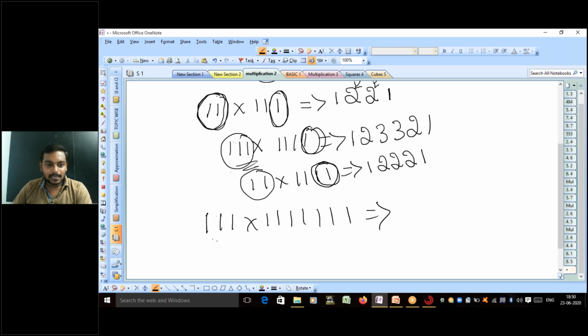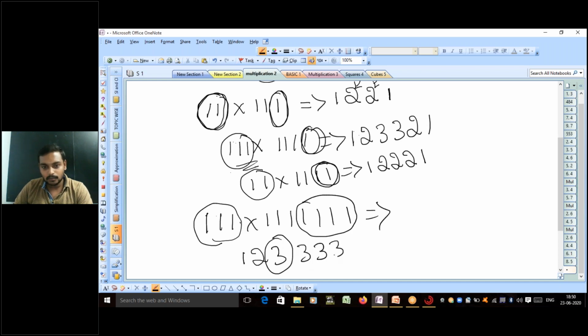Just go with the lesser digit. 1 2 3, and when compared to this we have 4 more digits. Just write this number 4 more times. So 1 2 3 4. Then in the decreasing order. You can check with your calculator. The answer should be the same. It will be the same. Yes.